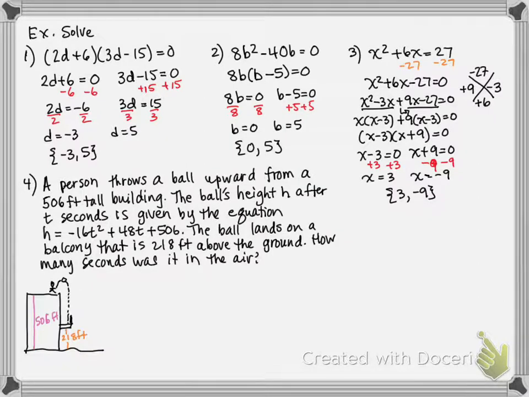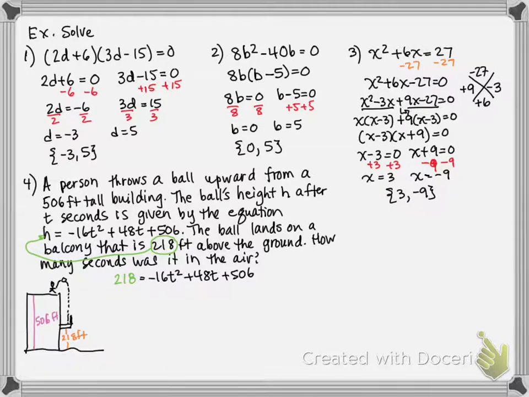So we have one thing that's missing from the equation, and that's this final height that it reaches. That's going to be our h. So we're going to write our equation as 218 equals negative 16t squared plus 48t plus 506.